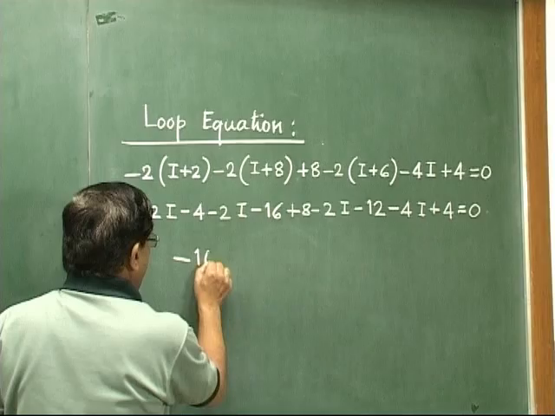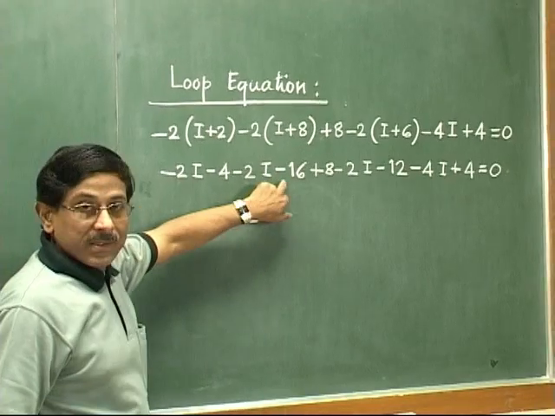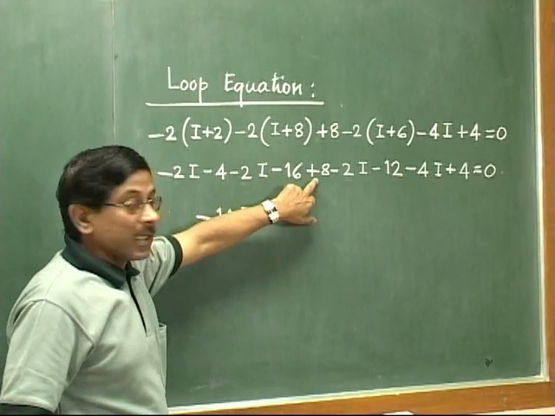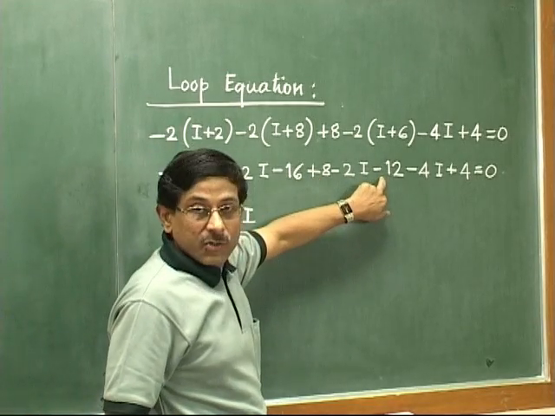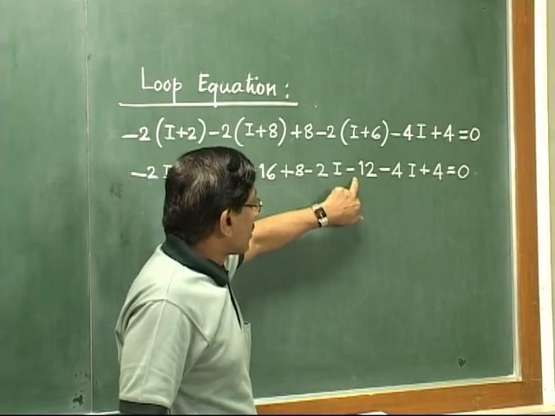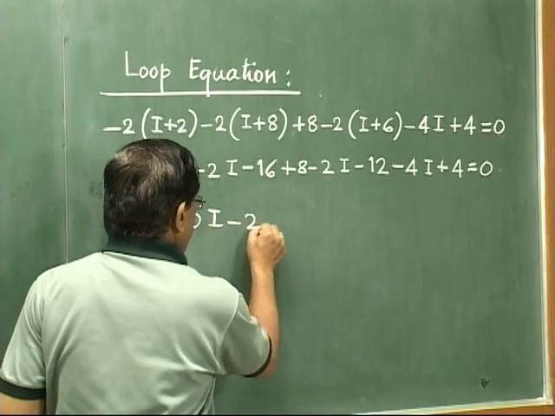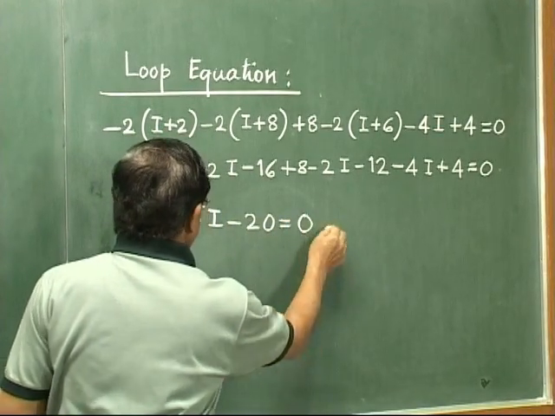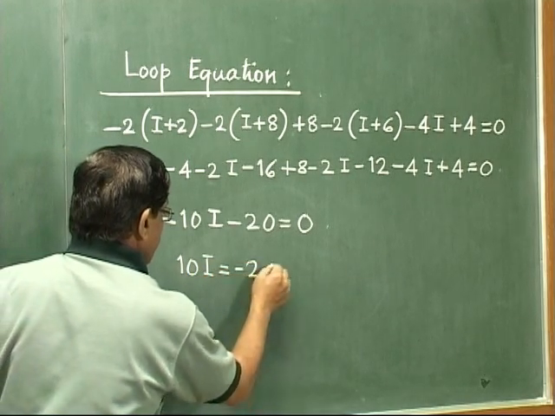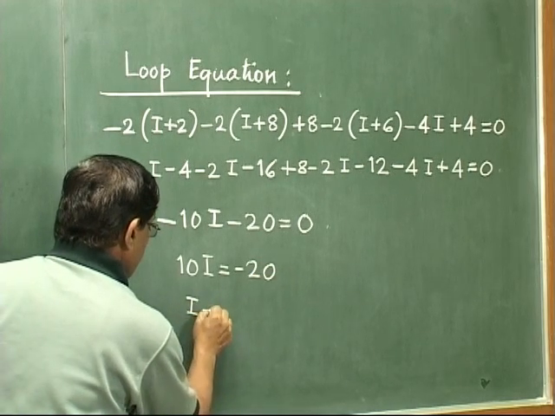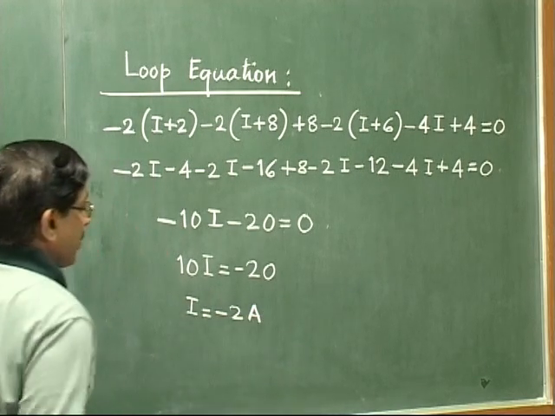Then all constant terms: minus 4 minus 16 is minus 20. Minus 20 plus 8 is minus 12. Minus 12 minus 12 is minus 24. Minus 24 plus 4 is minus 20. So minus 10I minus 20 must be equal to 0. That gives you 10I equal to minus 20, and so I equals minus 2 ampere.